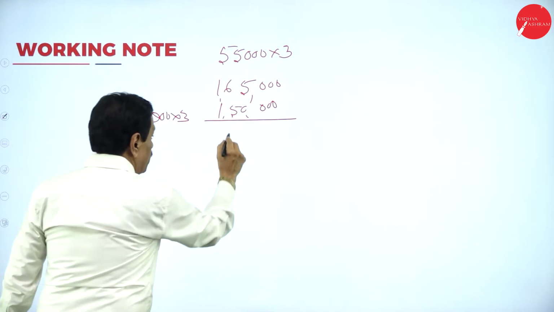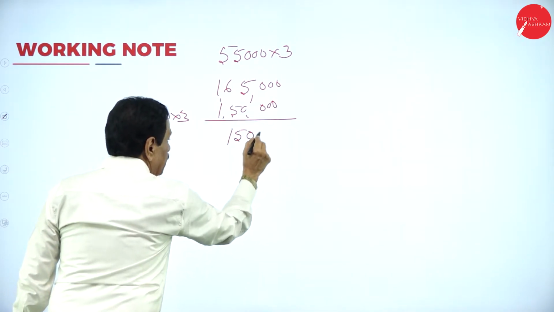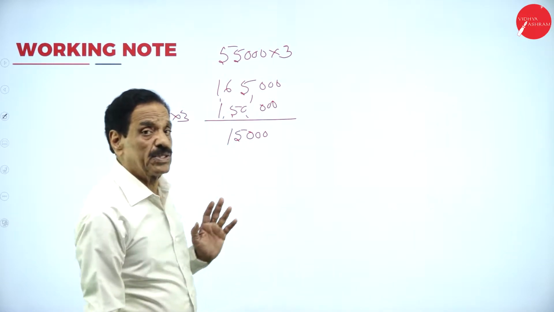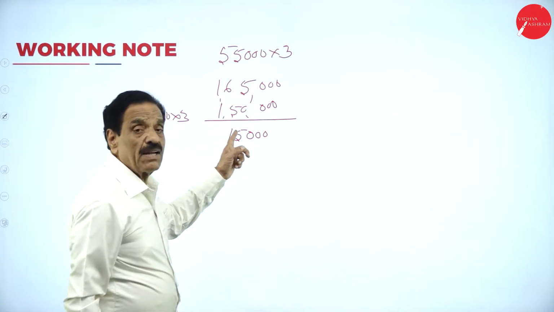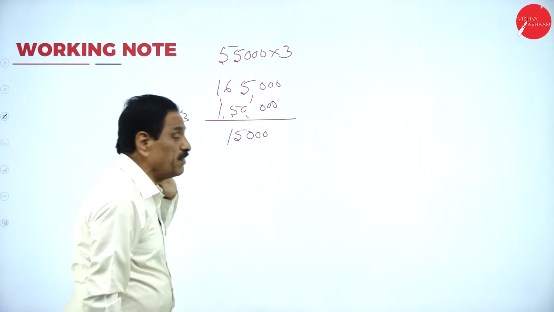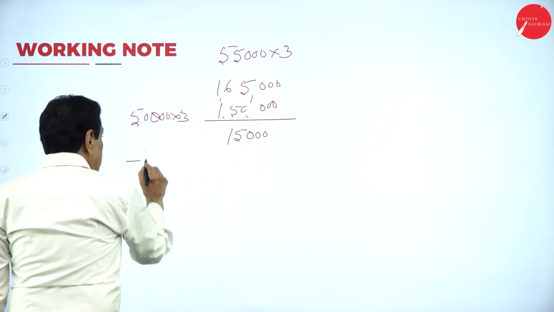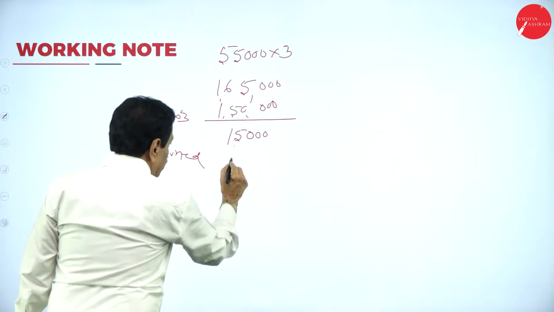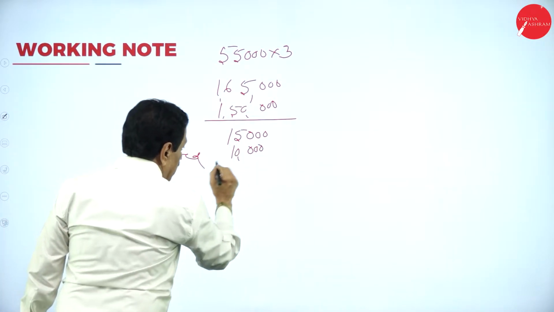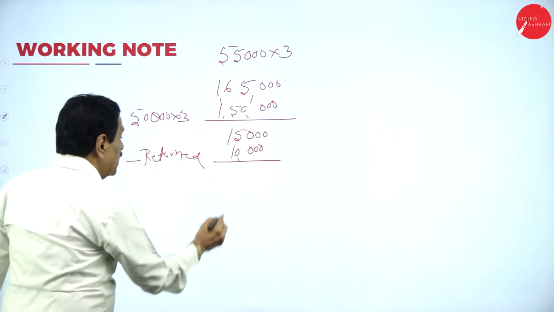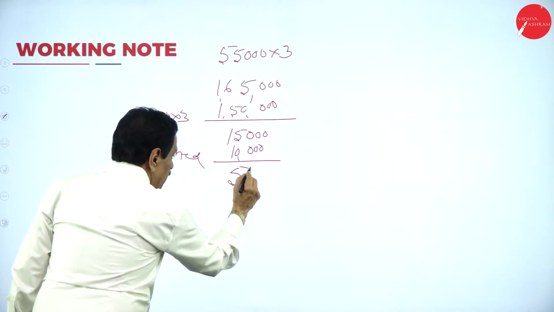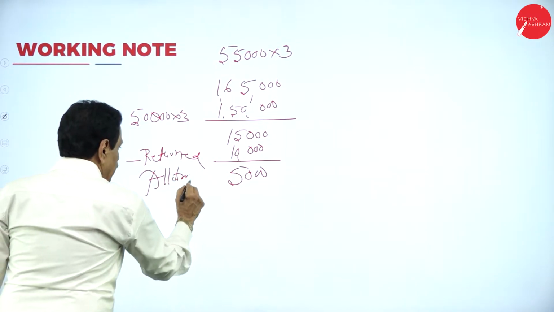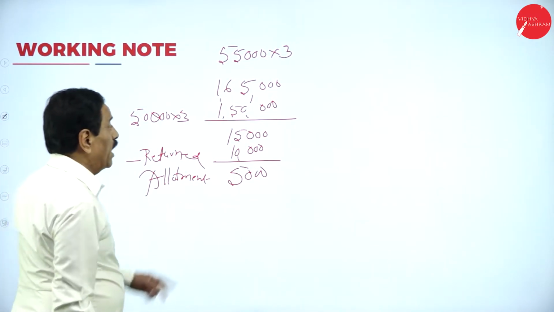The balance is 15,000. Excess is there. How much money you receive? 1,65,000. But we require 1,50,000. How much excess there? 15,000. How much we have returned? 10,000. This money have been returned. How much still you have got? Another 5,000 adjusted to allotment. Totally how much you receive?